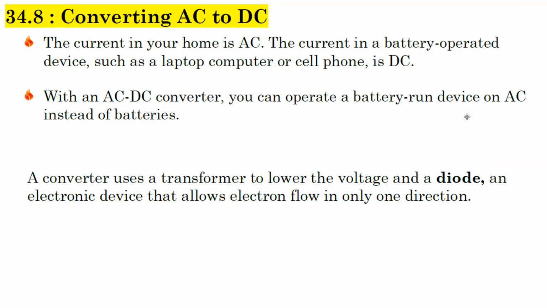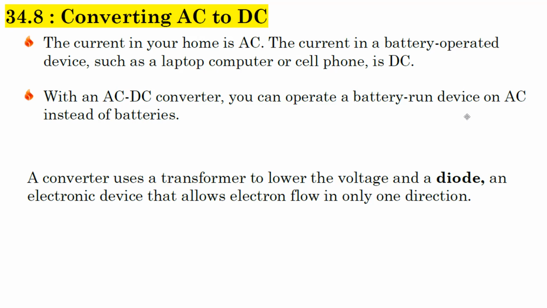Let's see now how it works. To convert an AC to DC, we have to use something we call transformer. In electrical, we have reflector, we have also transformer. In physics, in grade 11 here, we have to focus on the transformer.